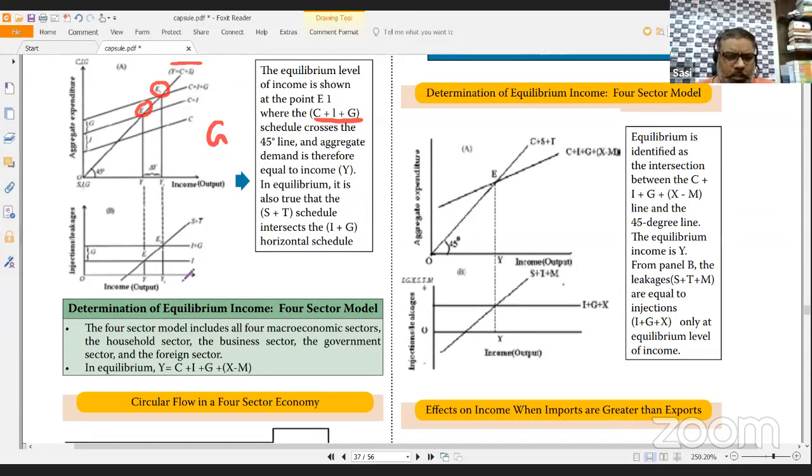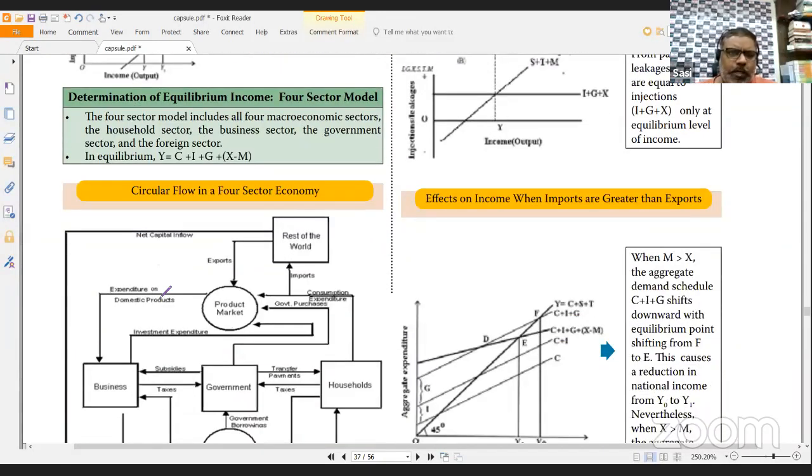But of course, the reality is that there will be another sector, that is fourth sector also, which is external sector. So the practical situation, what we can see in any economy current day, except maybe few countries like North Korea, most of the economies are open economies, which include external sector.